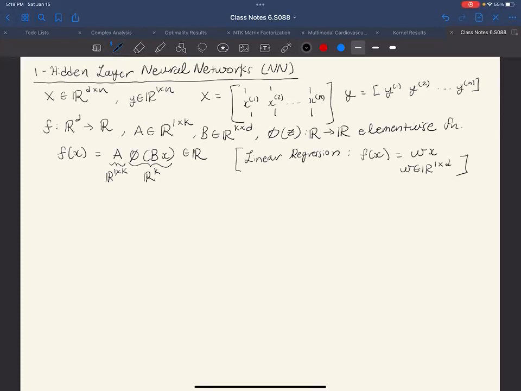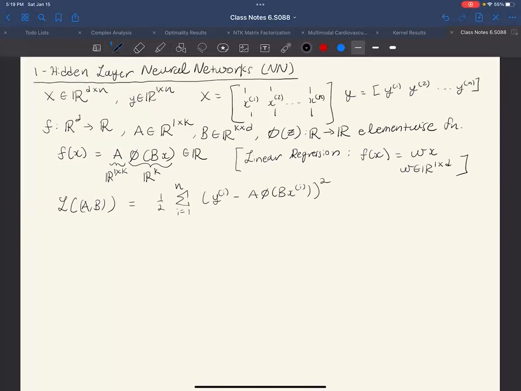But the best part is that we can train all of these models using the same technique of gradient descent. And how does this work? Well, we will construct a loss function that's a function of all of the parameters in the neural network, which is just all the entries of A and B. And now on the training data, we again just do the usual sum of yi minus A phi of B xi, squared.